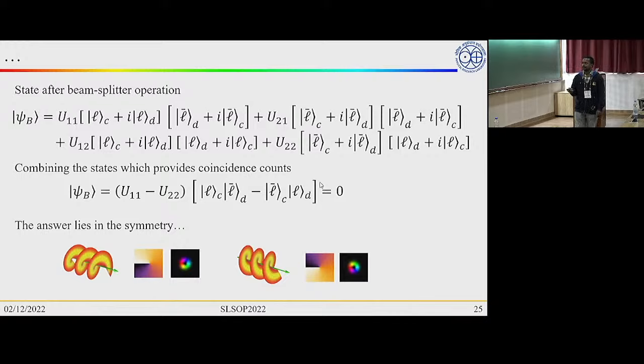So this type of state will give me coincidences, and these two elements are equal because there is a similar probability for any turbulence strength or any turbulence to give 1 to any other mode or any other mode to 1. So that's why these two elements are the same, so they will not give you any coincidences. So here your turbulence is not going to affect your Hong-Ou-Mandel dip. Your visibility will always be perfect.